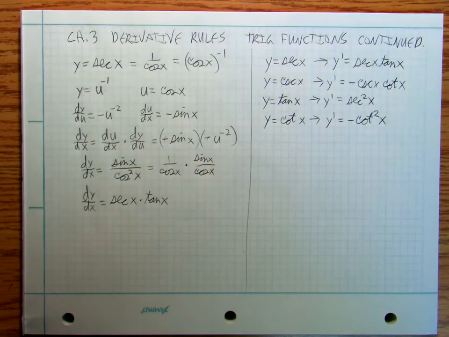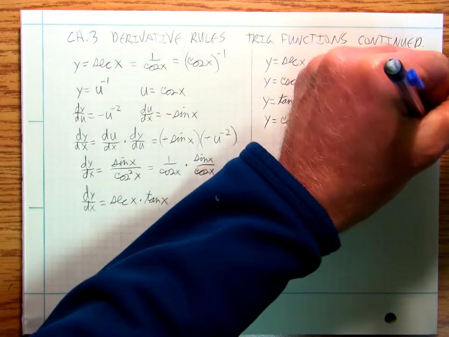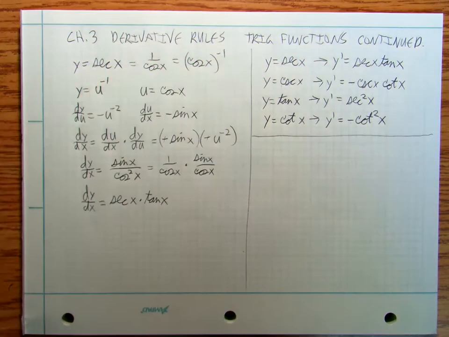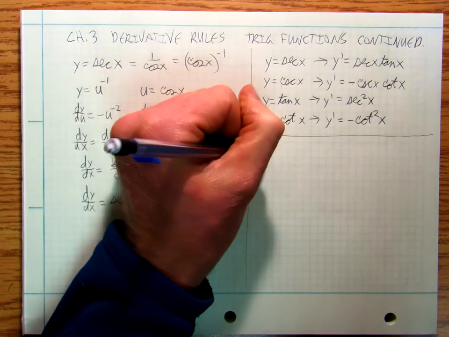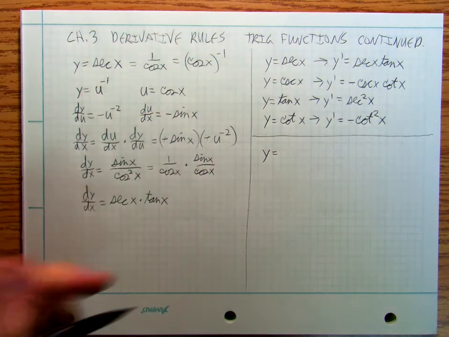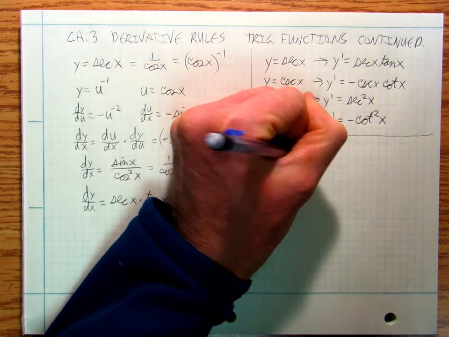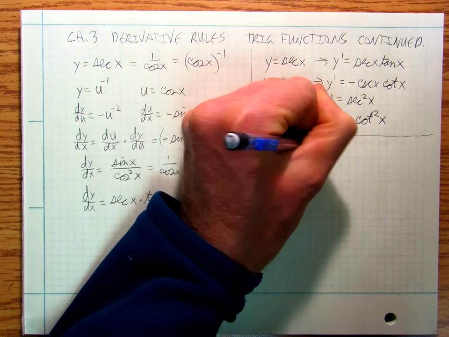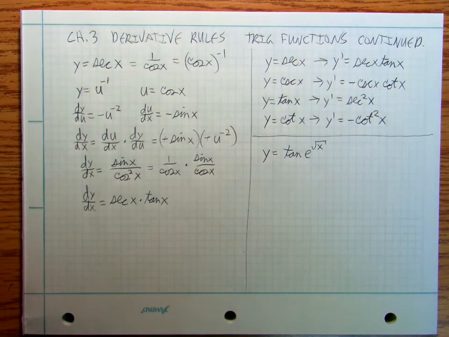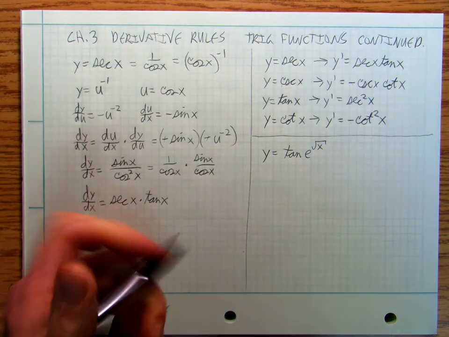All right. Now, once again we've got our chain rule, so now we can do a little chain rule problem. y equals tangent of e to the square root of x. Okay, it looks pretty daunting, but we're going to just break it down.